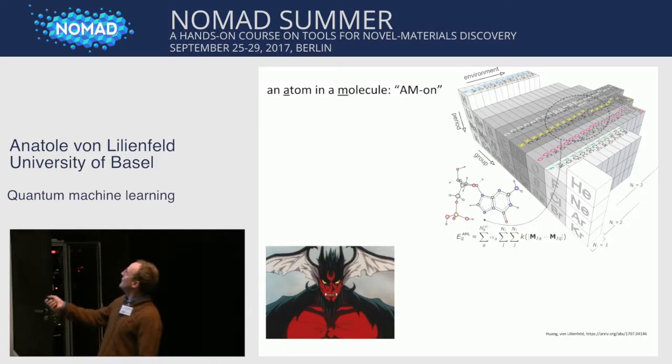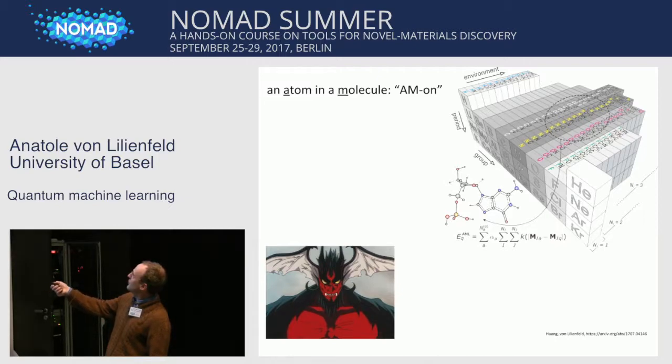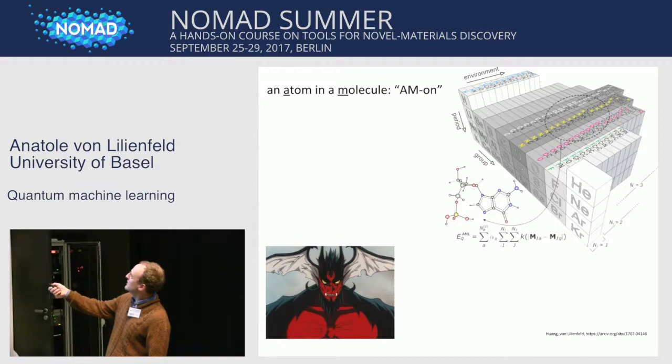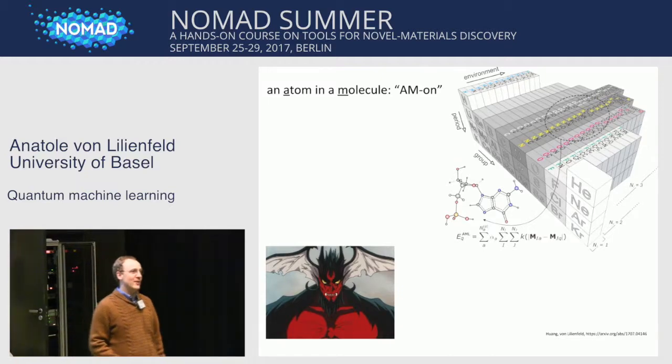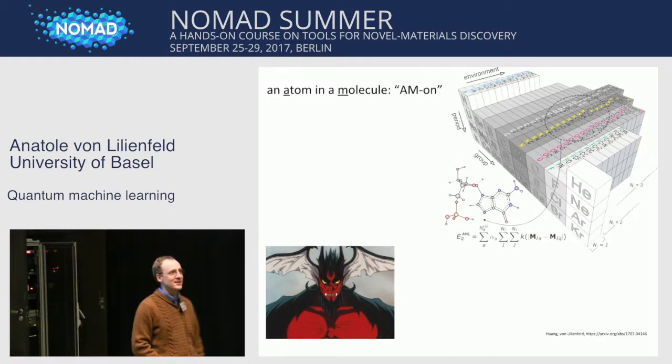Your typical kernel model traditionally had a kernel that would compare entire compounds. Now we replace that kernel by a sum over atoms, and this sum runs once over your atoms in the query compound, and once over your atoms in the training compound. It's a double sum.